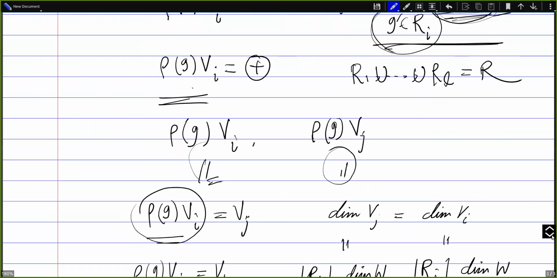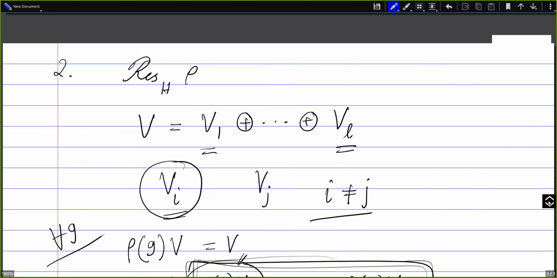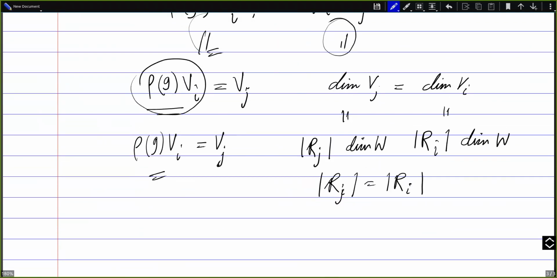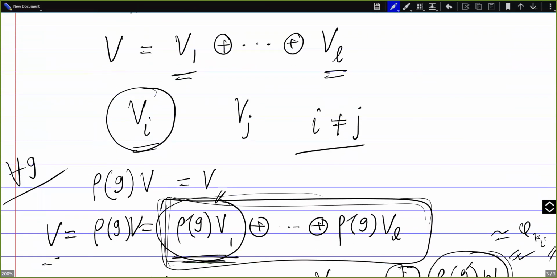Now in order to complete the argument, we just have to prove that given any i and j, there is a g such that rho g Vi equals Vj. If we can prove that, that means every Vi can be transformed to every other Vj.